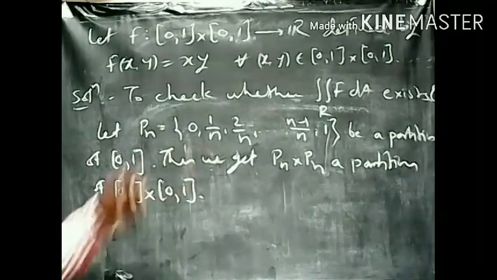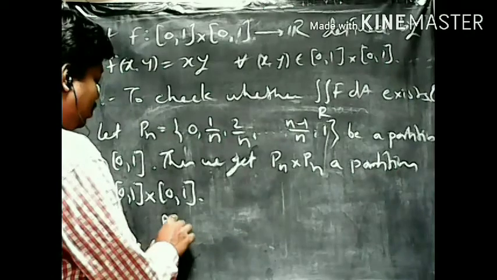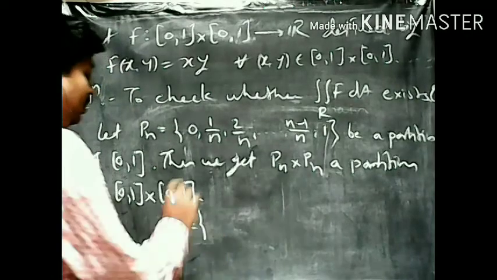So in this partition, how does the ij subrectangle Rij look?